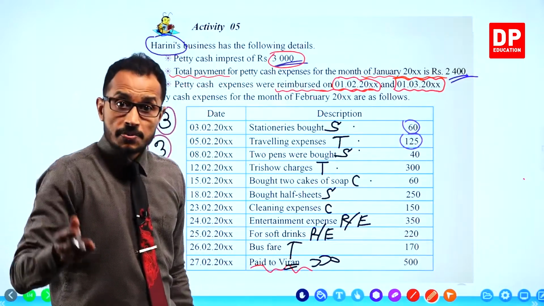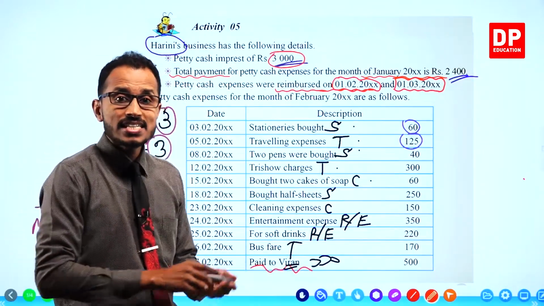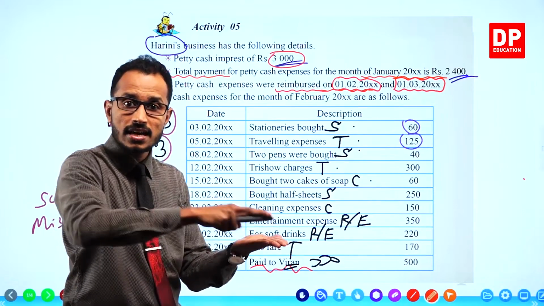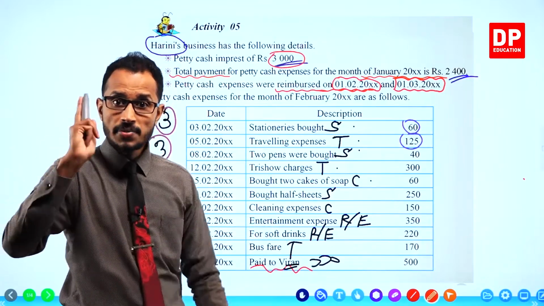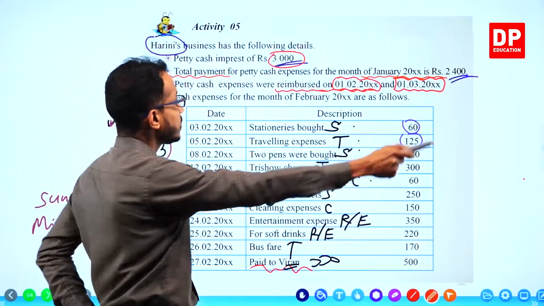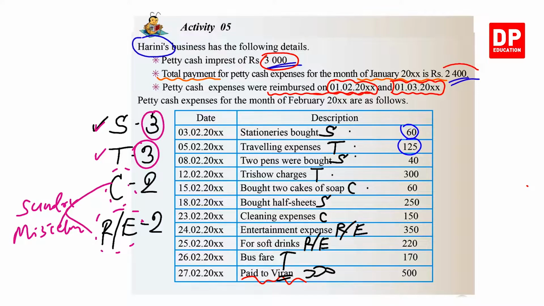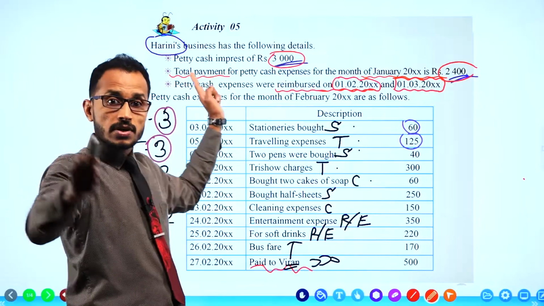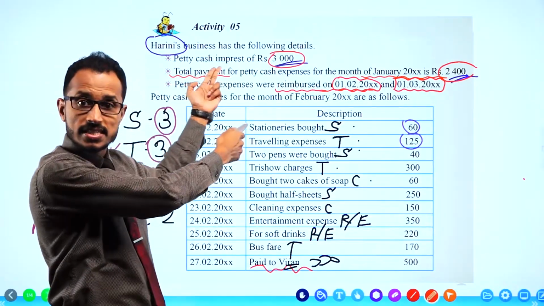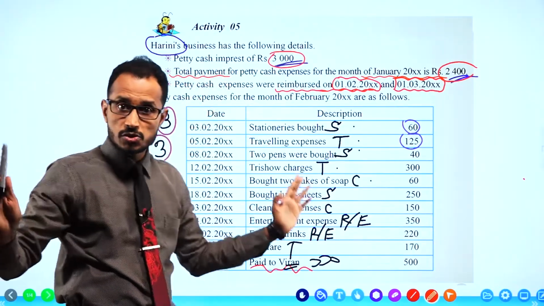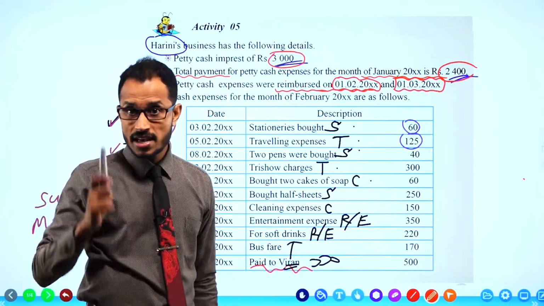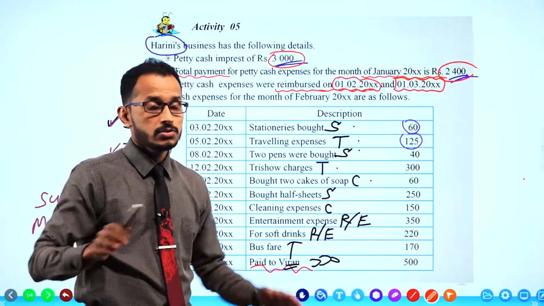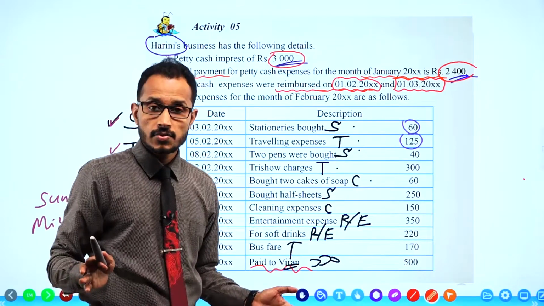In January, the petty cashier has spent this much from the imprest. You have to notice these things, children. Otherwise, you are not going to get the petty cash book accurately. You are not going to get the correct recording.